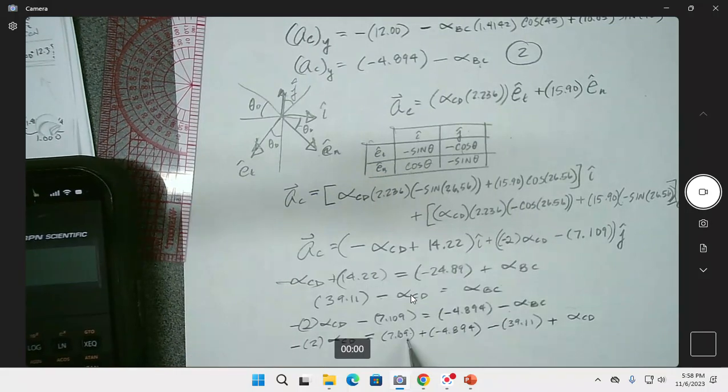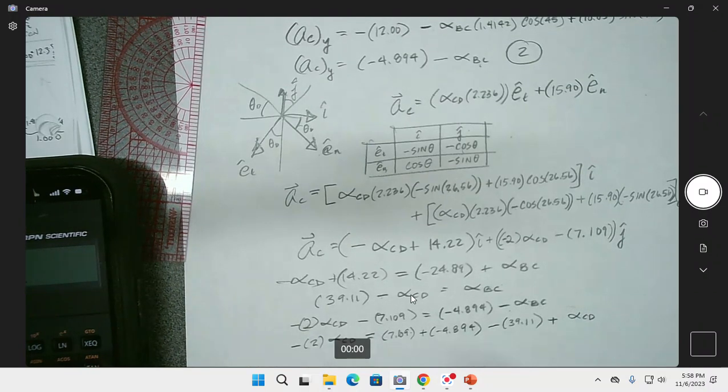So let's see, we go 7.109. We go minus that. Boom. It's in my calculator still. Minus 4.894. Boom. So I get a minus 36.89 on the right-hand side, but I have a minus 3. So I divide it by 3, and I get alpha CD is equal to a positive 12.23. Was it 12.2 or 12.3?